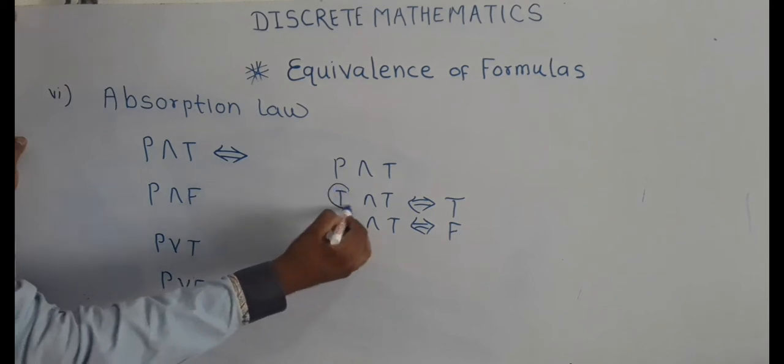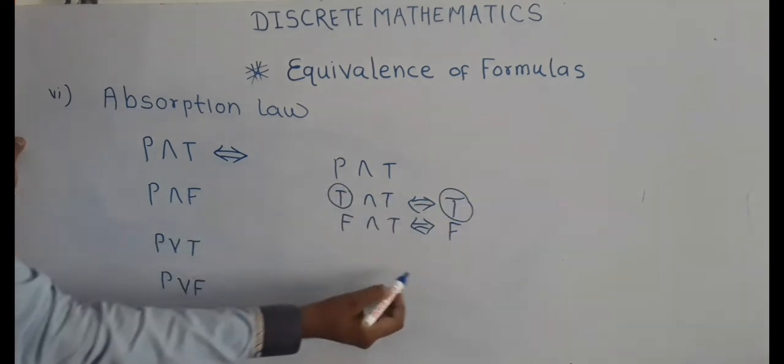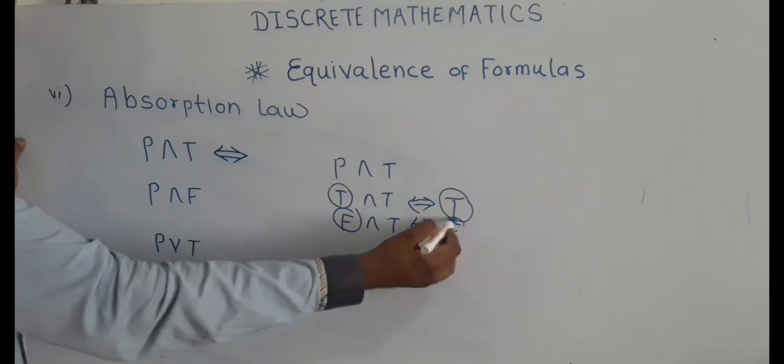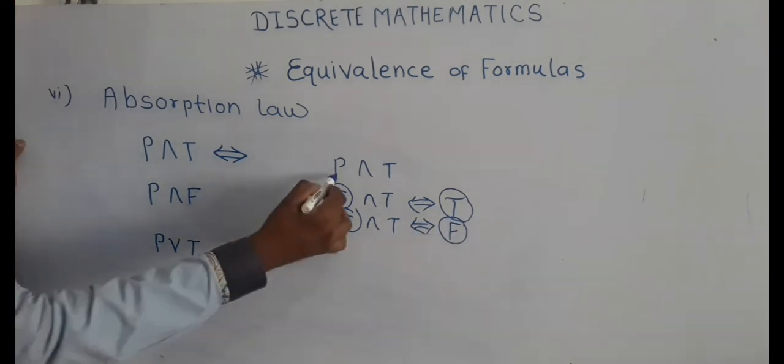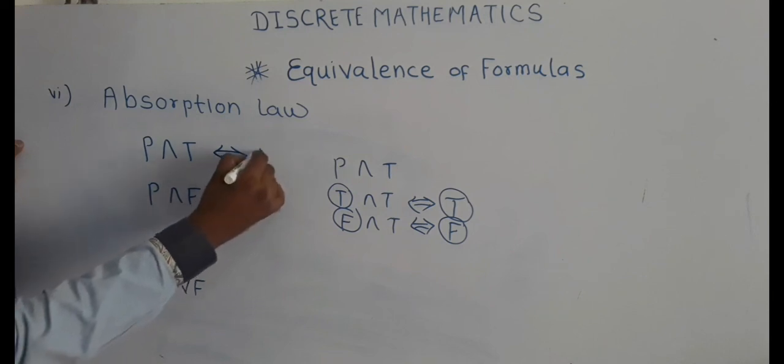If P is T, the final output is T. If P is false, then the final output is false. That's why we can say that P and T is logically equivalent to P.